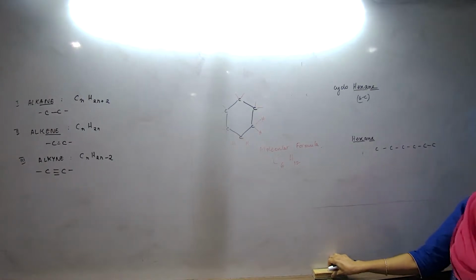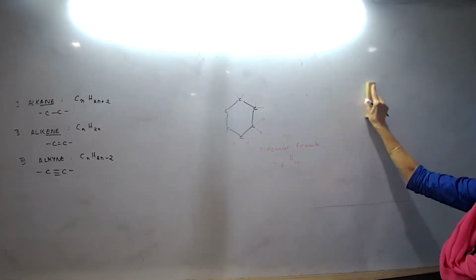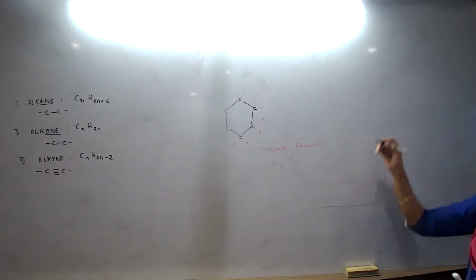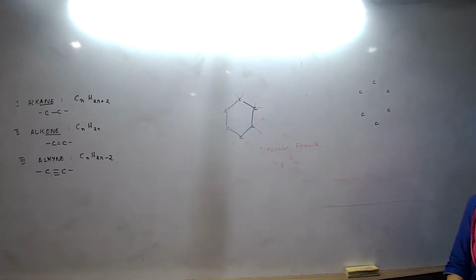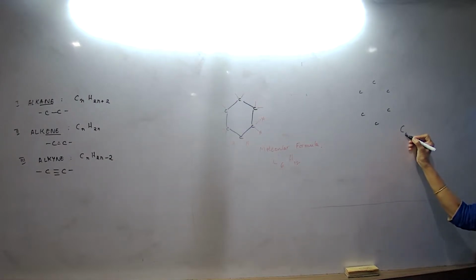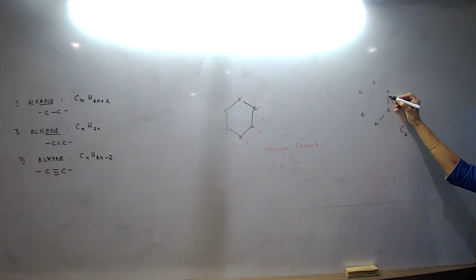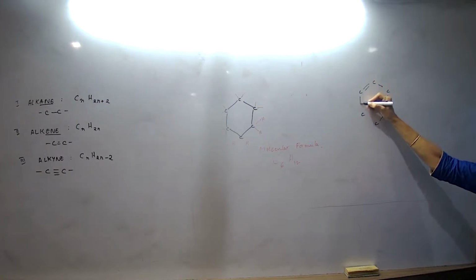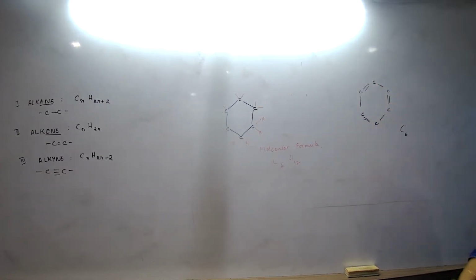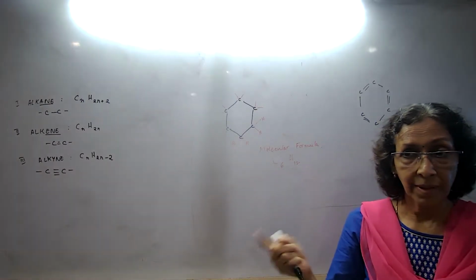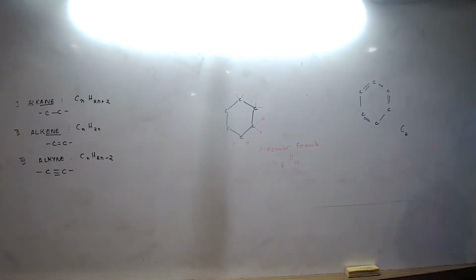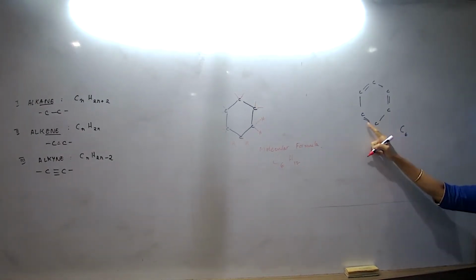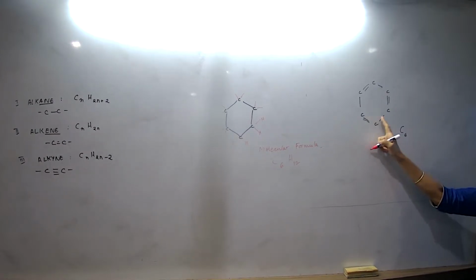Okay. Now I am drawing another structure for you. Look at the board. How many carbons? 6. C6. Now see what I'm doing. What did I put? Alternate double bond and single bond. It is a cyclo structure, but having alternate double and single bonds. Now let us see hydrogens. How many hydrogens here? 1, 2, 3, done.